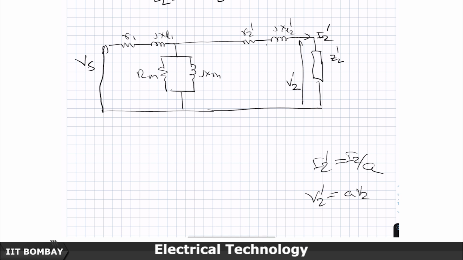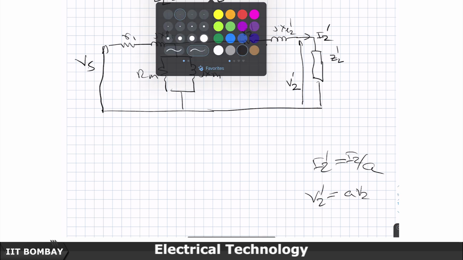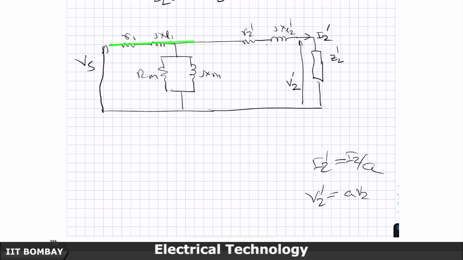Now, this form is T. So, this is like a T equivalent circuit of a transformer. And now, one final simplification.